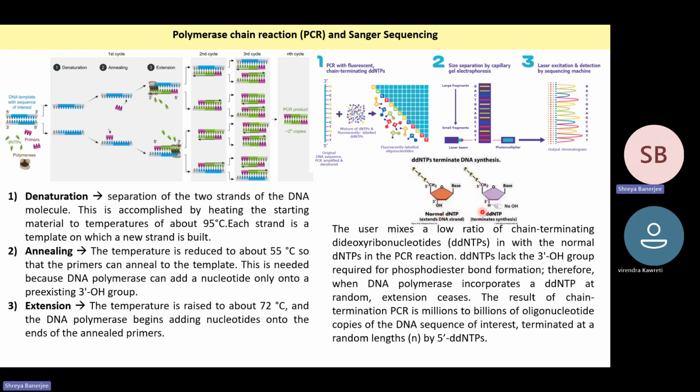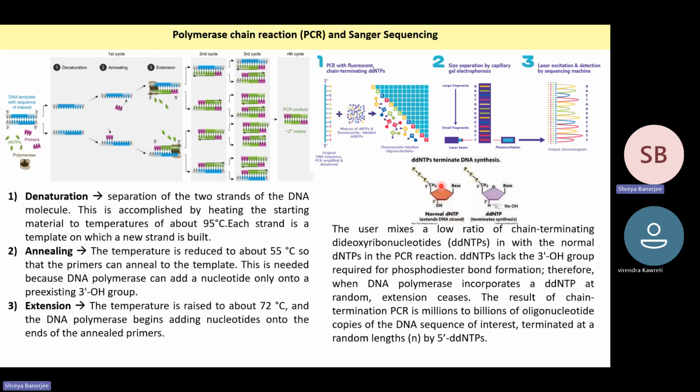So if you look at the normal ribonucleotide, that is dNTP, and the dideoxyribonucleotide, the difference is that in the normal dNTP, there is a 3' OH, which helps to extend the strand. So when one nucleotide is added, the one after that can add on to it because of this OH group.